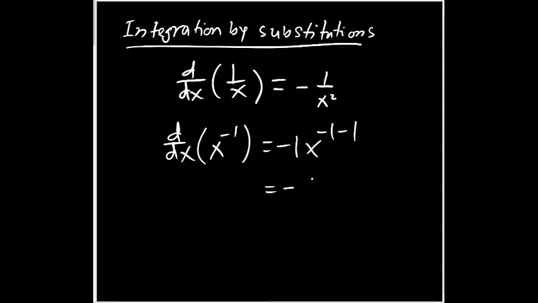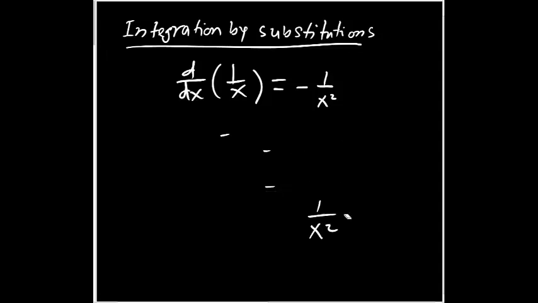That gives me negative x to the negative 2 and then negative 1 over x squared. If you do this it is faster, you will enjoy the rest, and just pay attention on this one, you can easily see it. So then derivative of 1 over x is negative 1 over x squared, and you will see why I'm taking this example. I'm going to one integral problem.